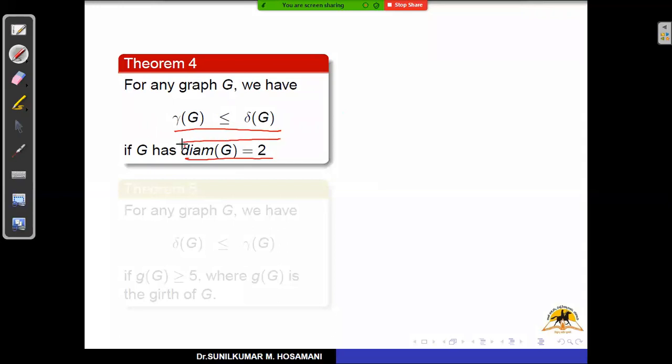So in other words, for any connected graph, domination number is less than or equal to minimum degree if diameter of that graph is 2. Suppose G is any connected graph with diameter 2, then domination number of that graph is less than or equal to minimum degree. For example, consider this graph.